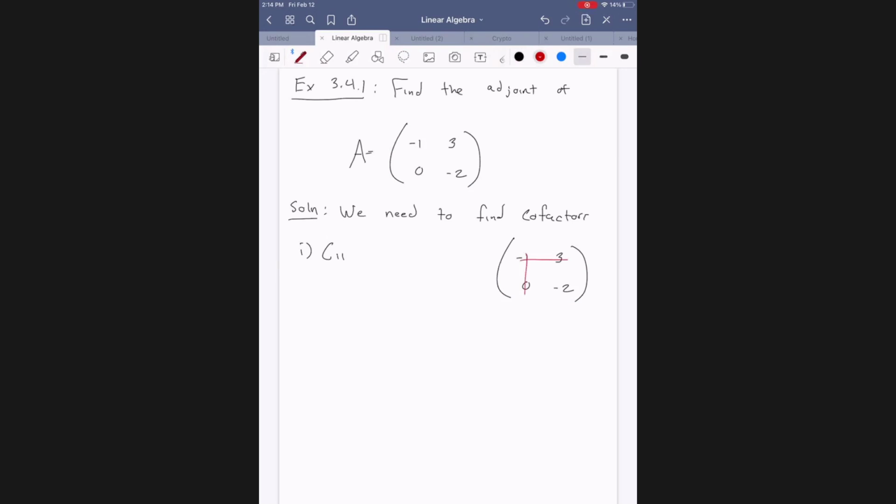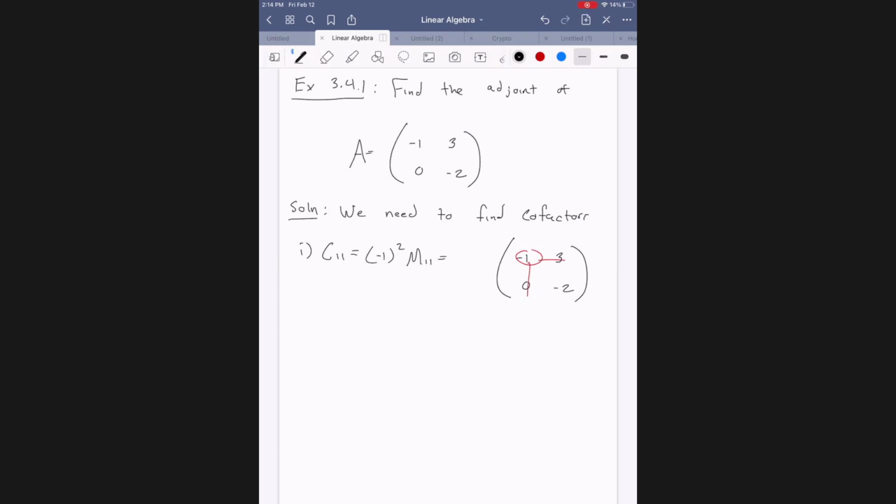It's this, take away all that stuff. So it's going to be equal to (-1) squared times M11, which is just the determinant of [-2]. If you take a 1-by-1 matrix and find its determinant, it's just whatever's inside.